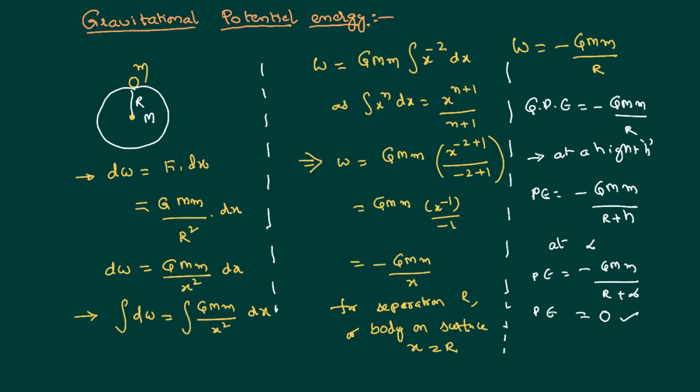So negative potential energy is a symbolic way of saying that the body is associated with the system of the earth. As the body goes away from the earth, gravitational potential energy increases, and when the body goes to infinity, it becomes zero, but it is never positive.